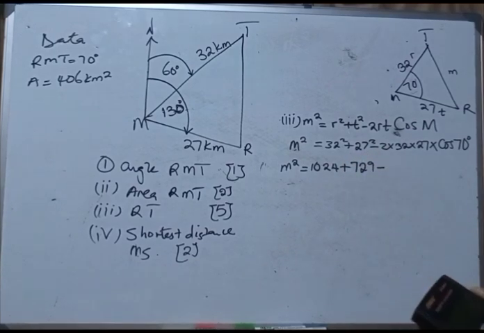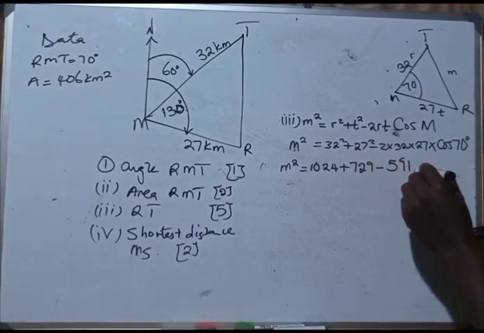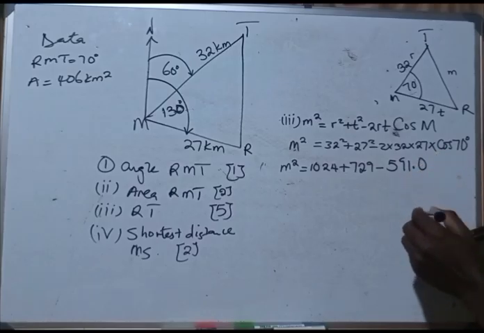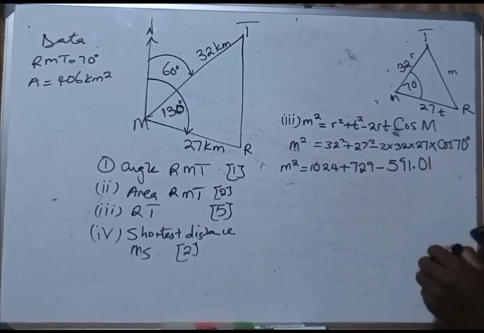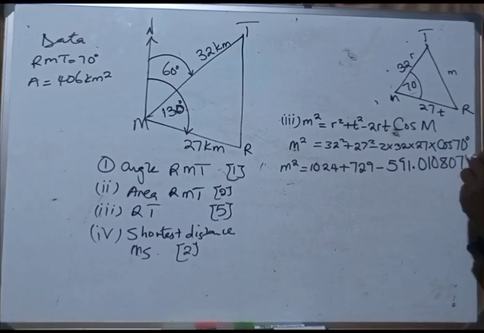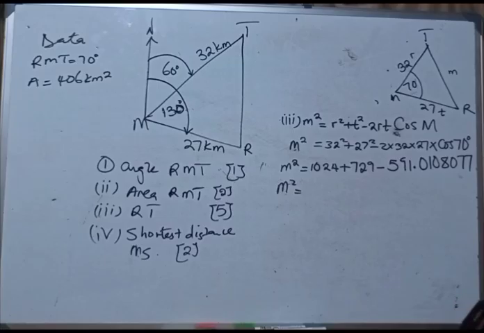Then minus, if you multiply 2 multiplied by 32 multiplied by 27, then multiplied by cos 70, the answer is 591.0108077.